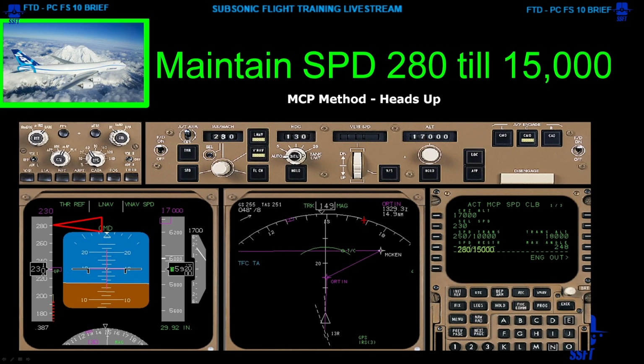The heads-up method would be, again, more if you're below 10,000 feet and you really don't want to manipulate the CDU, and maybe you don't want to even tell the pilot monitoring to put it on the climb page, well, then it would be via the mode control panel. So that would be the speed intervention. And in that case, you could open the window by pushing the selector.